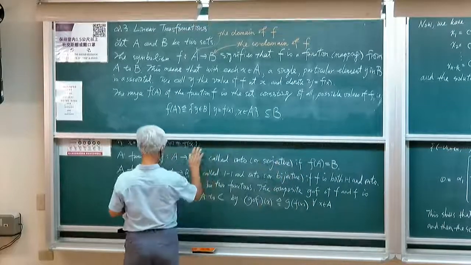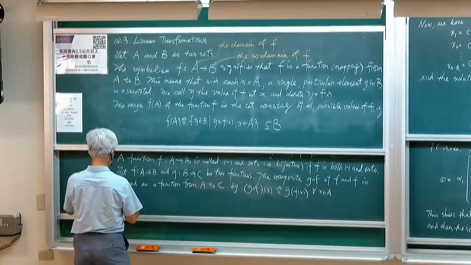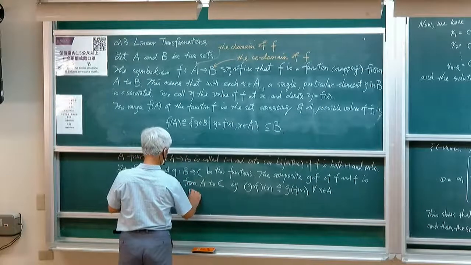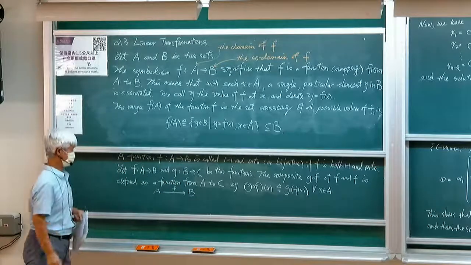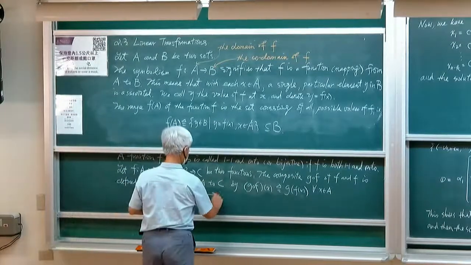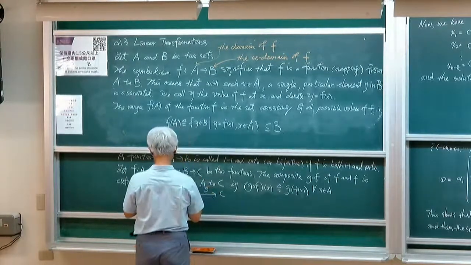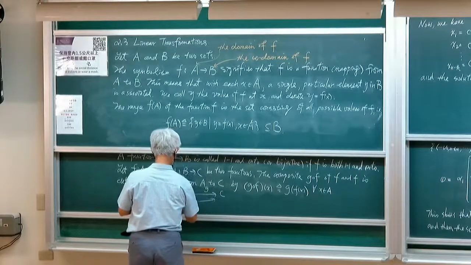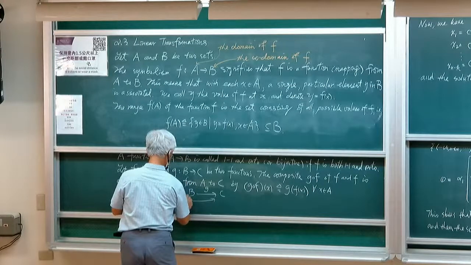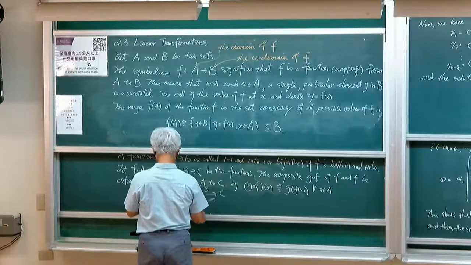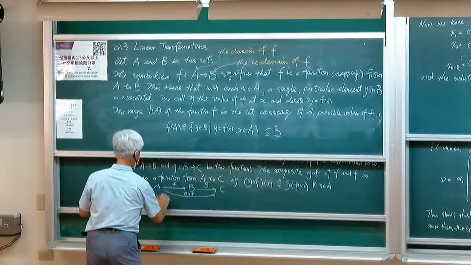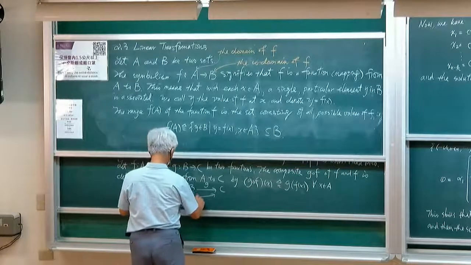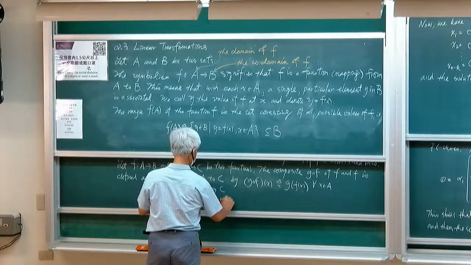There is a diagram for that. A to B by the mapping f, and B to C by the mapping g. Now the composite from A to C sends x to f of x and then to g of f of x.